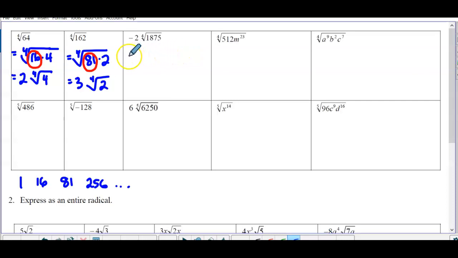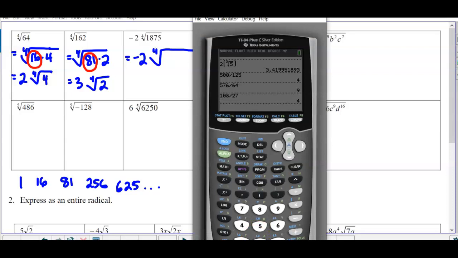Next one, negative 2 goes out front. I see a 5 there, so I need to go to 5 here. So 5 to the fourth was 625. Okay, so let's just check. 1,875 divided by 625 goes in 3 times.